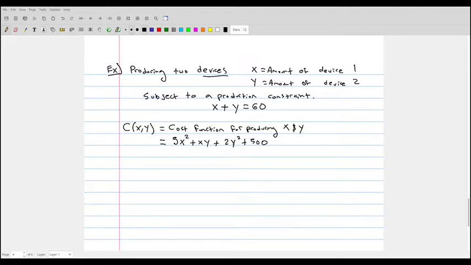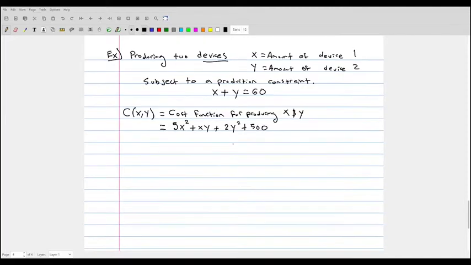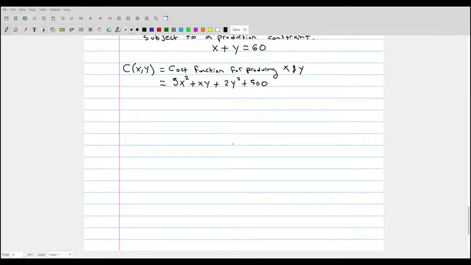But you can think of this cost function as being the exact mathematical function that gives us the exact amount that it costs to produce a certain amount of units x and y. So this is a constrained optimization problem that is directly in the form for application of the Lagrange multiplier method.